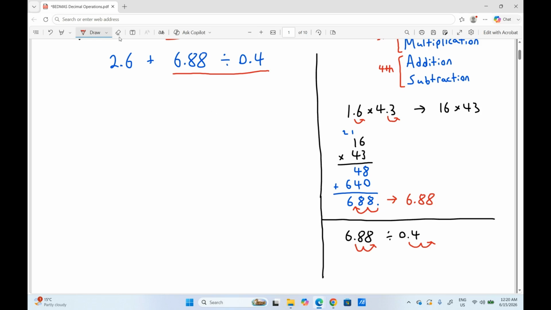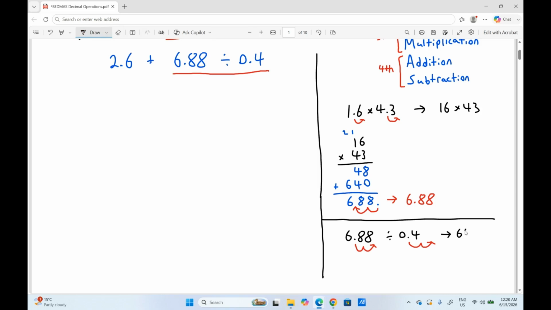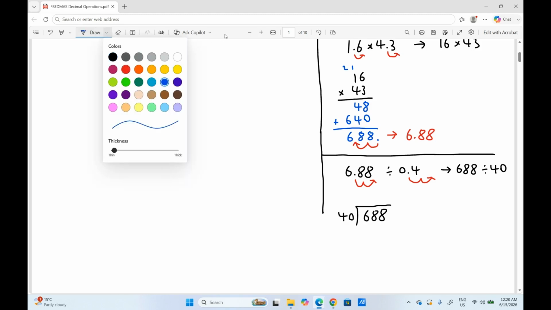So upon doing that, I should get 688 divided by 40, because I moved it over twice for both of them. Now let's compute the division here.